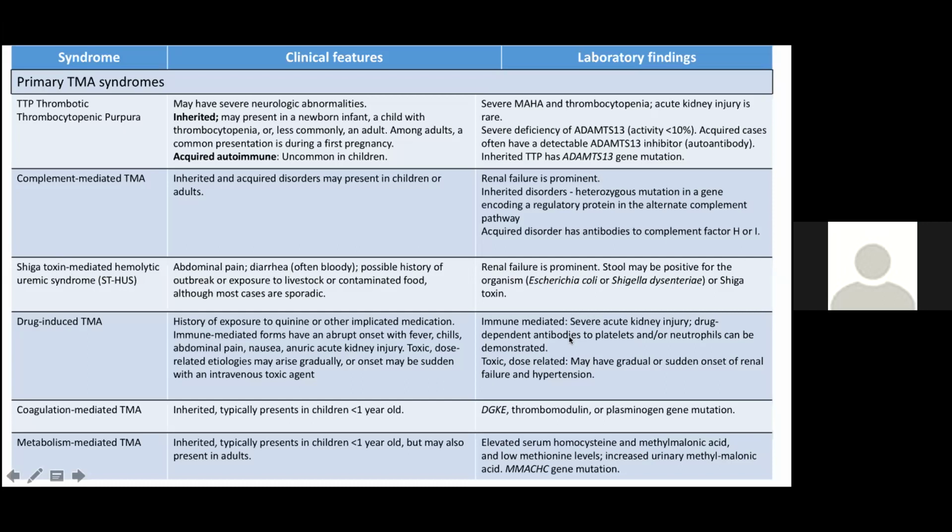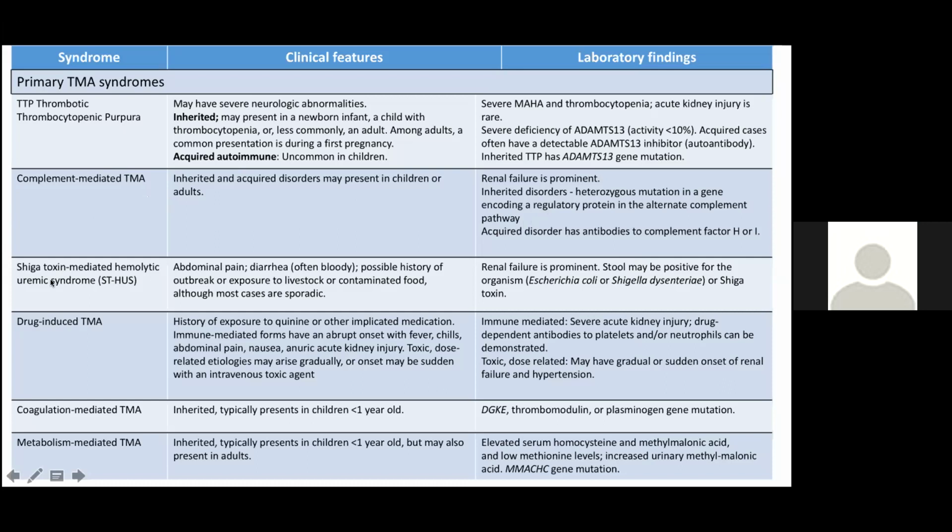Of the others, drug-induced ones, most of the time we will be able to identify the offending drug. If we can safely exclude these two, complement-mediated TMA is the possible diagnosis. Renal failure is very prominent in this type. It can be acquired, and there will be antibodies to complement factor H and I in these patients, which we cannot detect in Sri Lanka.